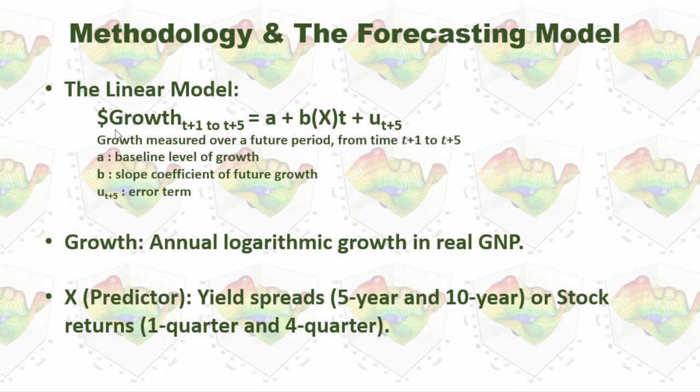This item means growth measured over a future period from time t plus 1 to t plus 5. A means the baseline level of growth. B is the slope coefficient of future growth. And this item is the error term.